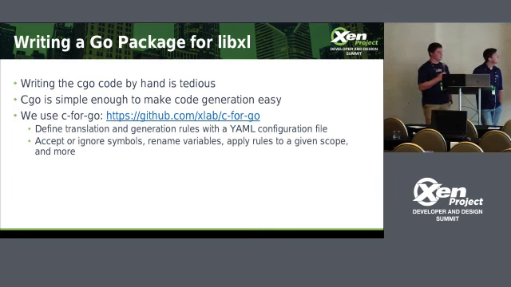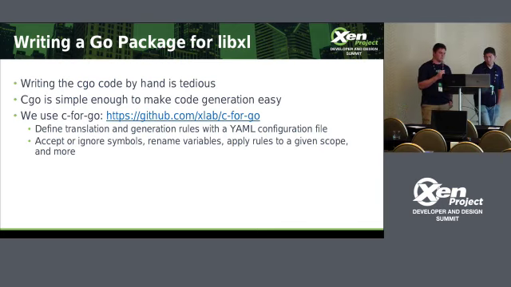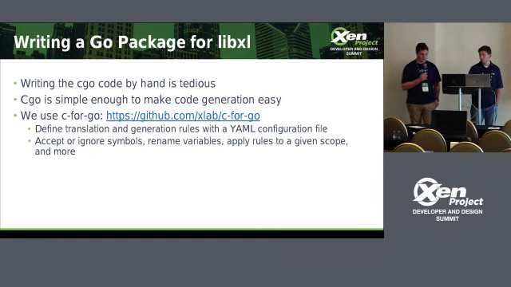But because it's so straightforward, it does lend itself well to code generation. And so we're even using a tool called C for Go, which is developed by XLab on GitHub. This has been used to generate Go bindings for things like the Vulkan API, Android API, and many more with some great success. It's very easy to use.